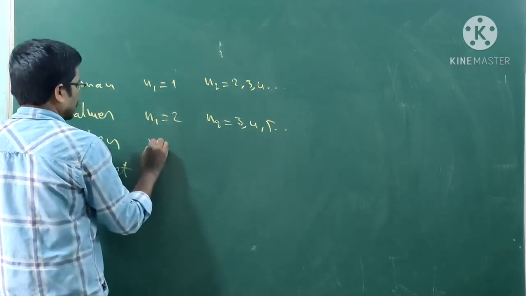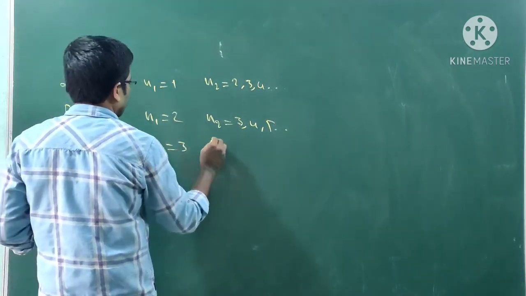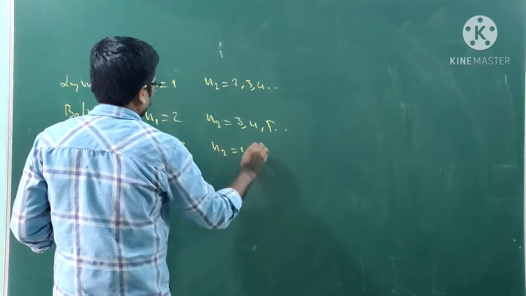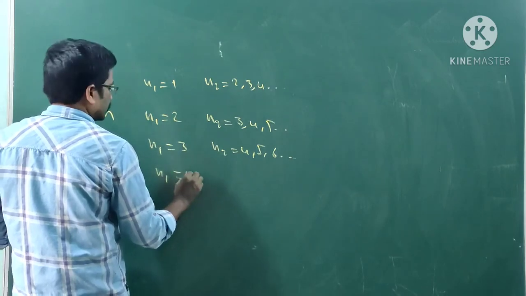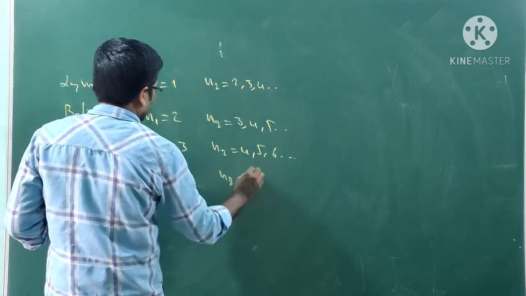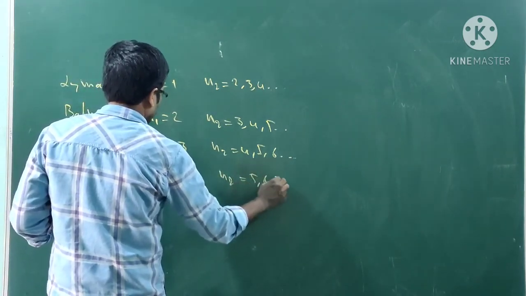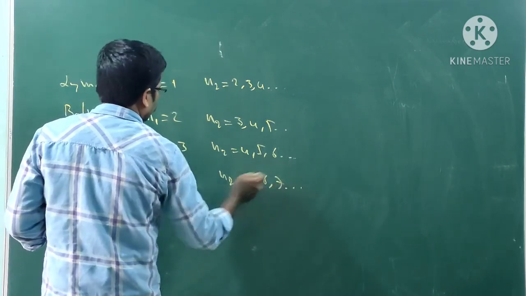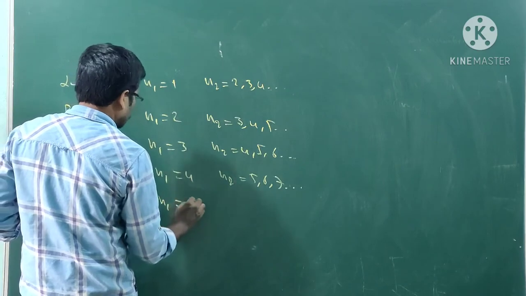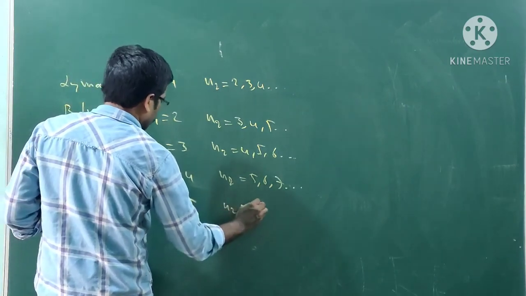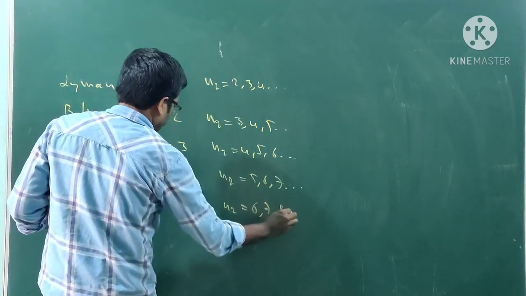Next, Paschen explained n1 is equal to 3, n2 is equal to 4, 5, 6, and so on. Next, Brackett n1 is equal to 4, n2 is equal to 5, 6, 7, and so on. Next, Pfund, n1 is equal to 5, n2 is equal to 6, 7, 8, and so on.